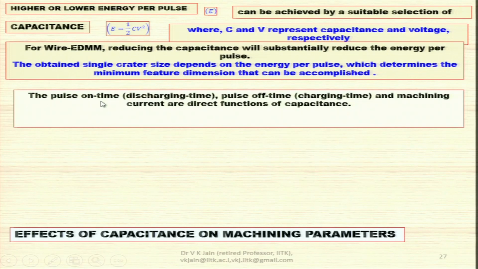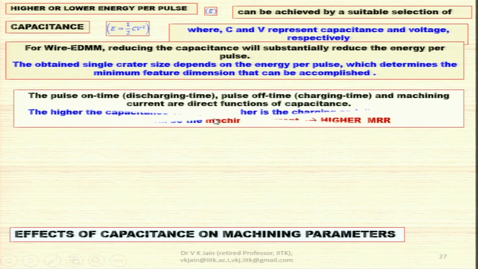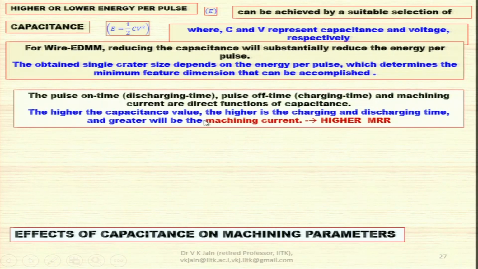The pulse on time, that is discharging time, pulse off time, that is the charging time, and machining current are direct functions of capacitance. The higher the capacitance value, the higher is the charging and discharging time, and greater will be machining current. So if machining current is higher, then definitely you are going to get a higher material removal rate. But I have already told you in other lecture that higher the material removal rate, lower will be the surface finish. That means higher Ra value will be achieved.